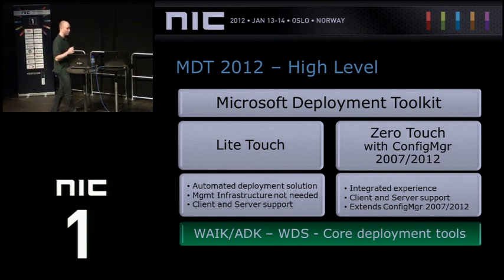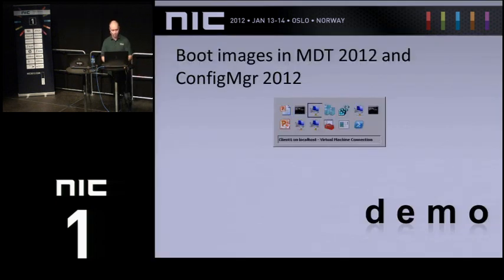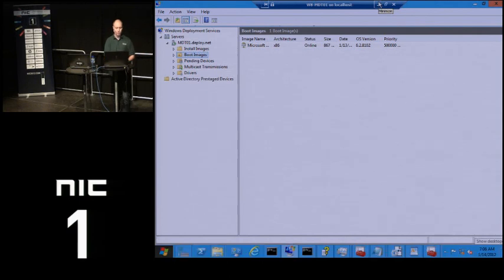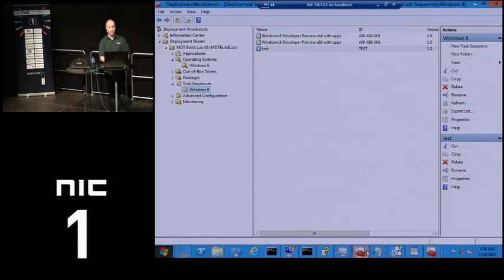Very useful. Same thing with Light Touch deployments. I guess some of you are doing that as well. It also creates boot images. So let me start with Light Touch. I would argue that it's a bit easier to add components into WinPE in Light Touch, because of packages.